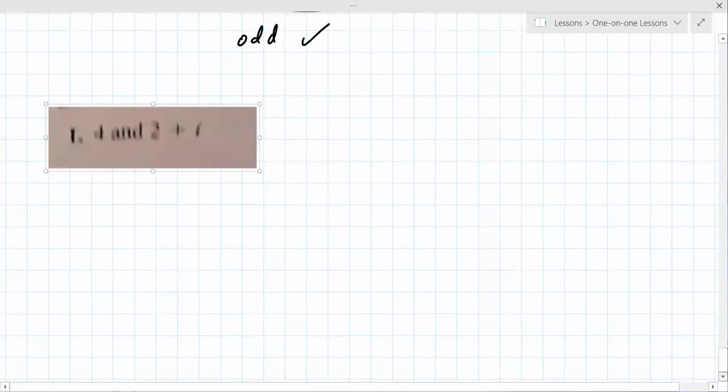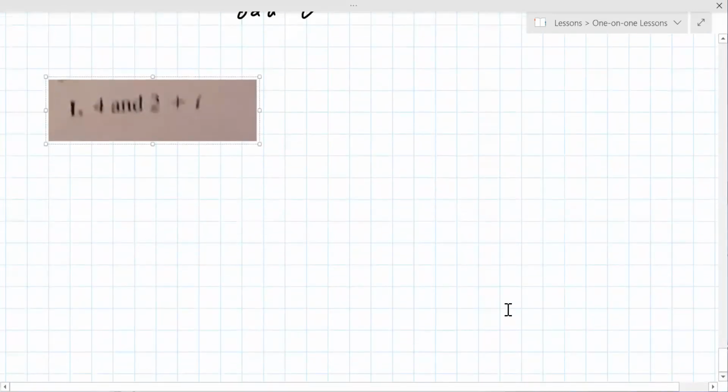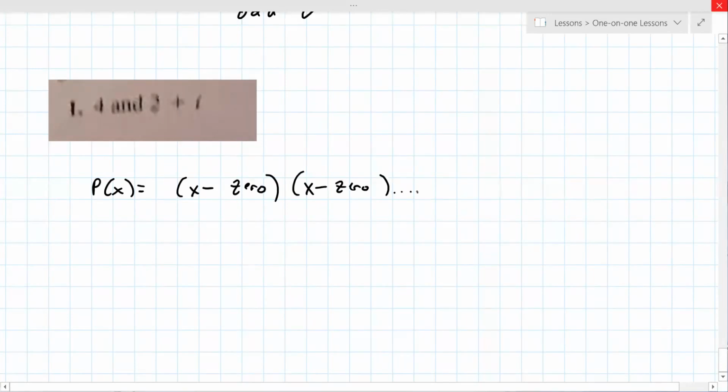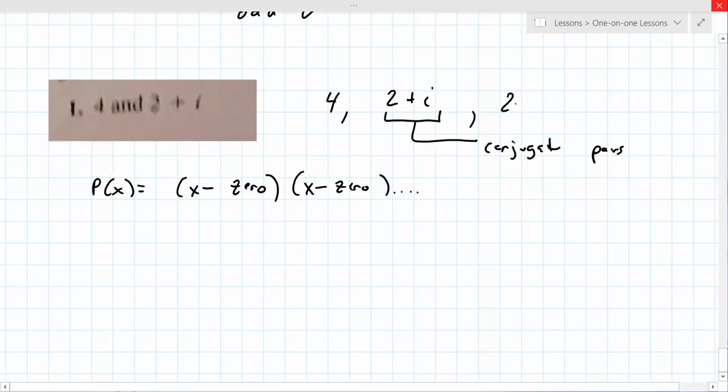The thing here is that when you're writing a polynomial and they're giving you the zeros, the polynomial is always x minus the 0, x minus the 0, and so on. So here you've got a 0 of 4, and then you've got one of 2 plus i. These always come in conjugate pairs, which means that you've also got, which isn't written, 2 minus i.